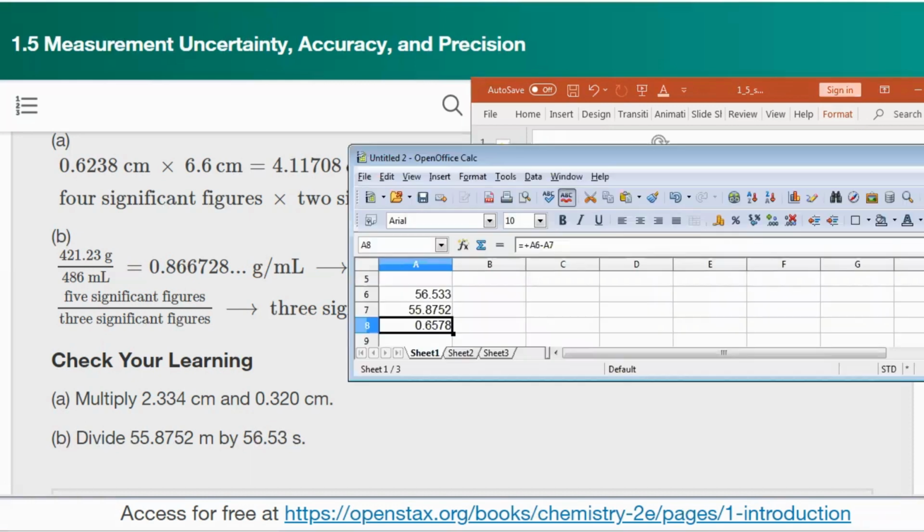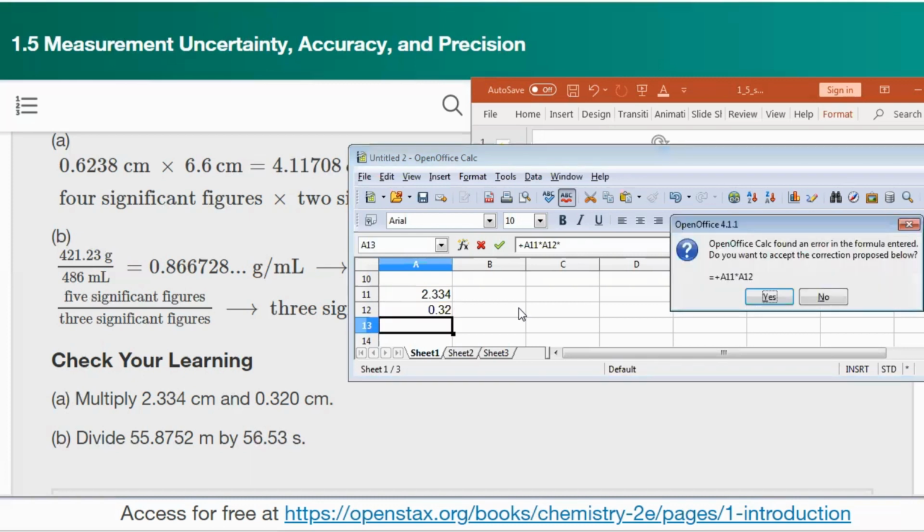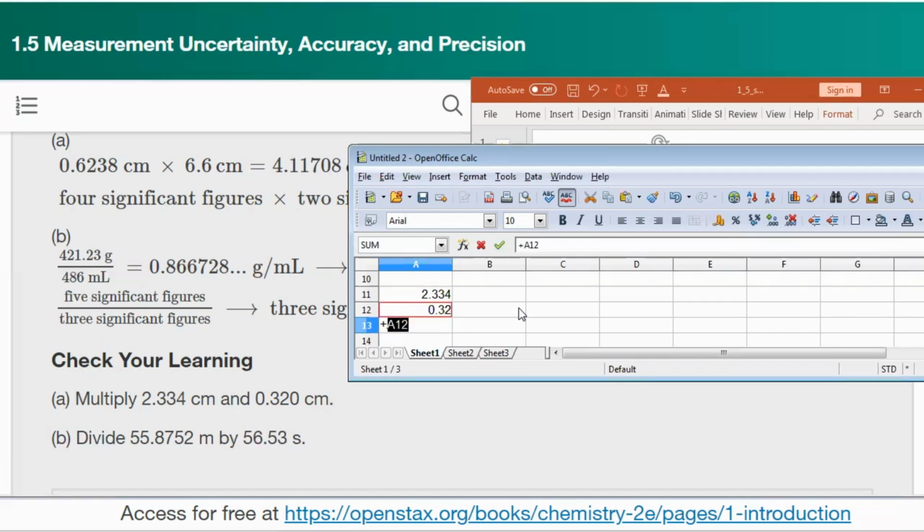Let me get my spreadsheet calculator out. So 2.334 and 0.320. Let's multiply that times that. 0.74688.